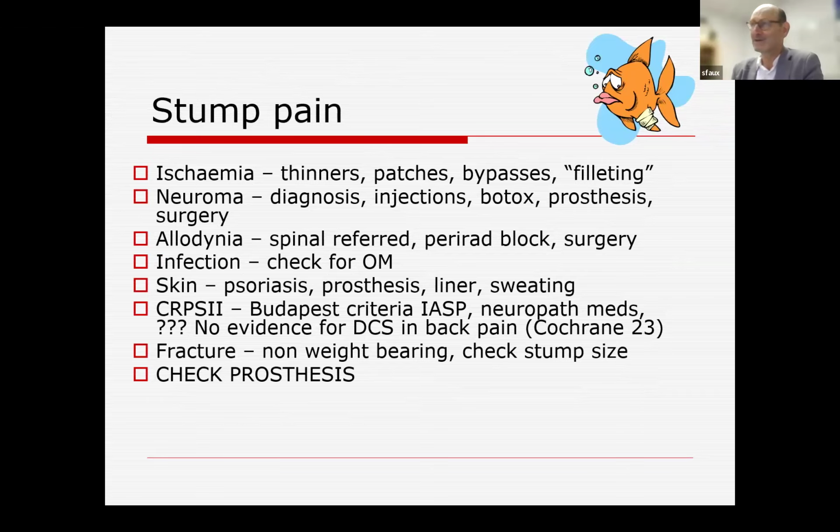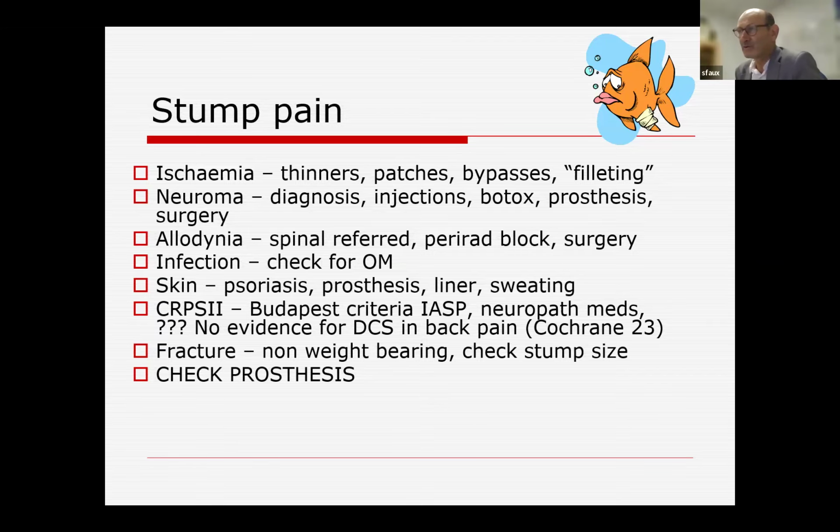One is ischemia. If the amputation's been performed because of ischemia, you need to be mindful of the fact that you can have ischemia in the stump, and you can get a sort of claudication process. And quite often there are requirements to do re-amputations, or what I've termed as filleting, where you go back and keep cutting back on the limb to get an area of better blood supply.